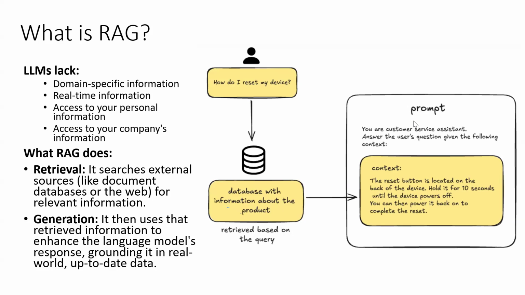So you have something called the prompt. You will be writing some prompt saying that you are a customer service assistant, answer the user's questions given the following context. And this context is coming from your vector database. Now, the large language model can actually answer your question based on the context retrieved from the vector database. I hope this is clear now. Why this RAG is important.